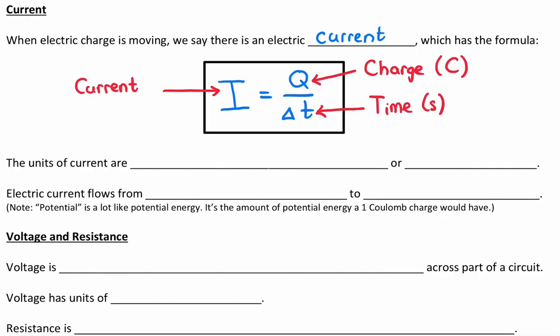So looking at this, we can figure out the units of current. Since current is charge divided by time, and charge is measured in coulombs, time is measured in seconds, the units of current should be coulombs divided by seconds, or coulombs per second.